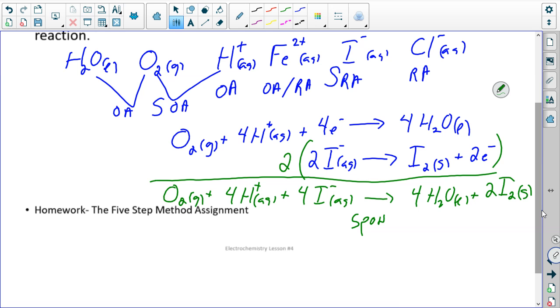Now in this case, I don't really expect you to know the color, but you will see a brown precipitate, because I'm forming a solid here. We don't form any gases, so there's no gases being formed. It'd be hard to tell because we're already bubbling oxygen into the system. So it's important that you understand, okay, I've got this right.